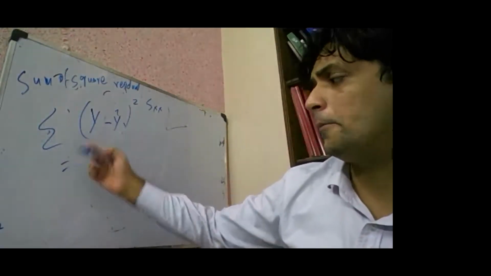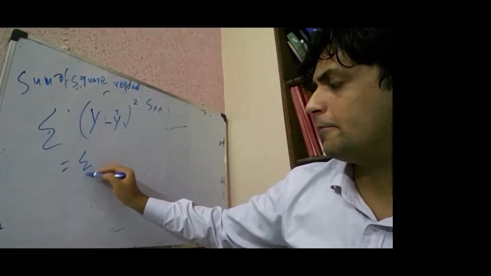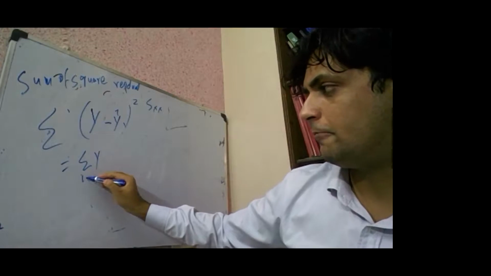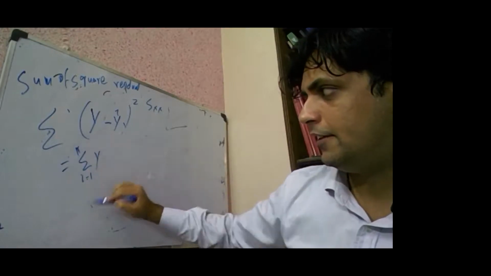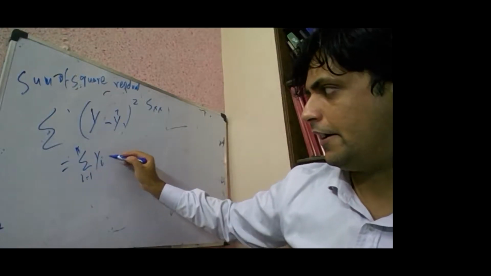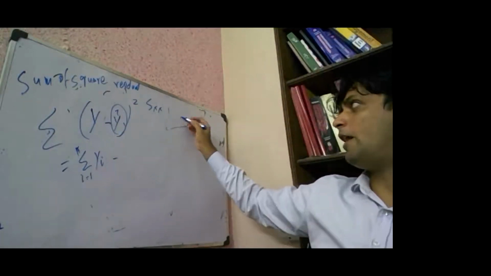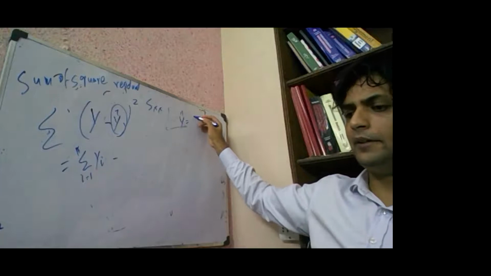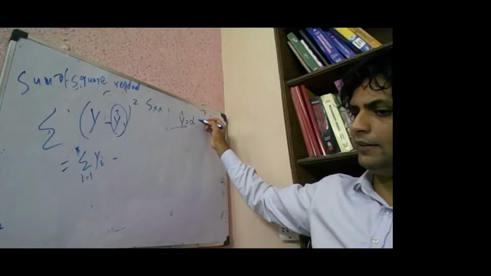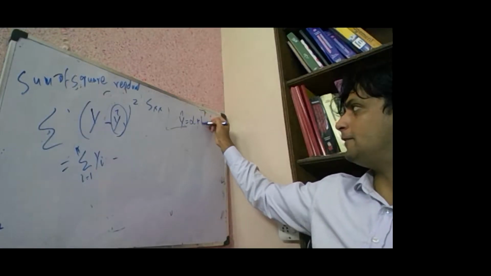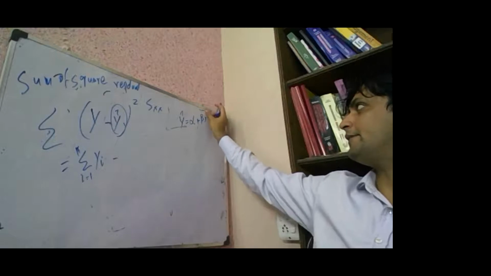Just open it now. The sum will go from 1 to n, of yi minus y hat, and we get y hat from the equation: the predicted value is alpha plus beta x.